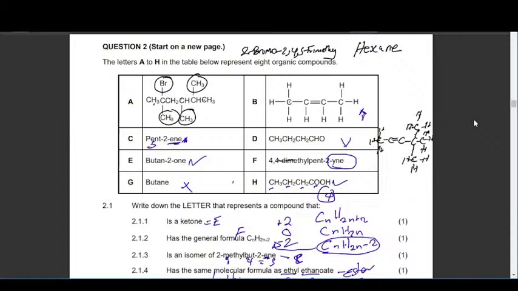It is pent, 2 is carbon atom number 2, and yne is the triple bond. Then they're saying 4,4, because this is the main functional group, therefore it takes that direction. What is this 4,4 about? It is a methyl, hence I have these 2. So basically that is it.